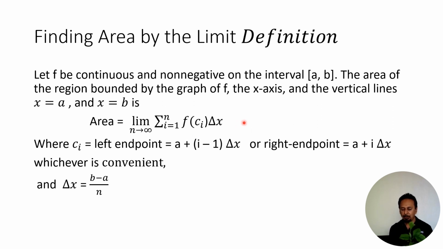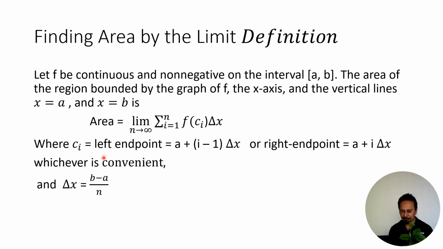Basically, we're saying the more rectangles we draw, the better the approximate area. So we're going to draw an infinite number of rectangles, find the area using this formula, and add all of this.